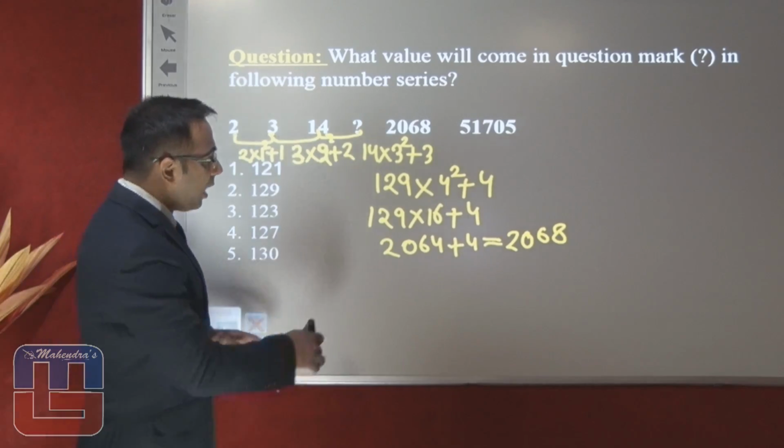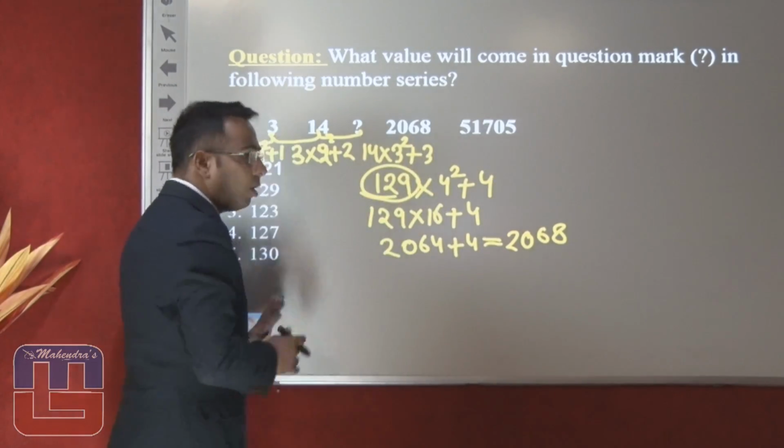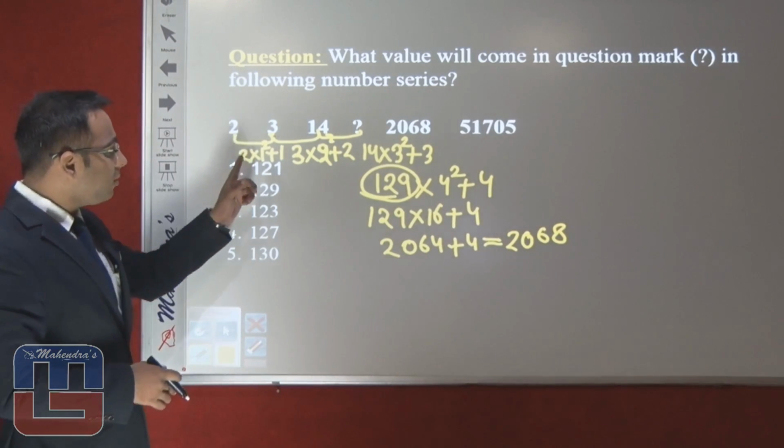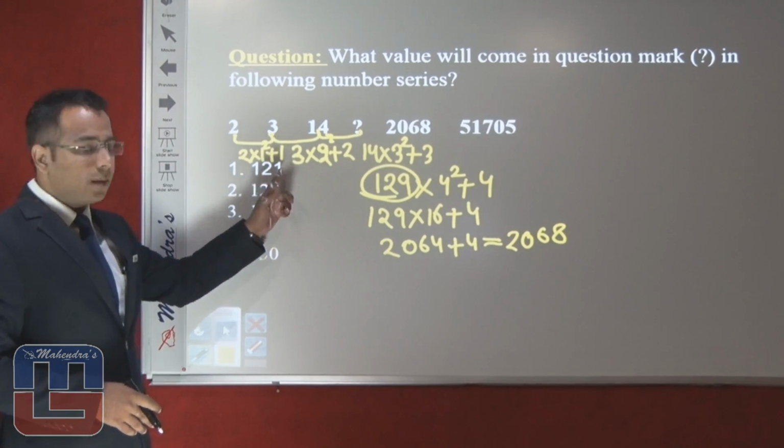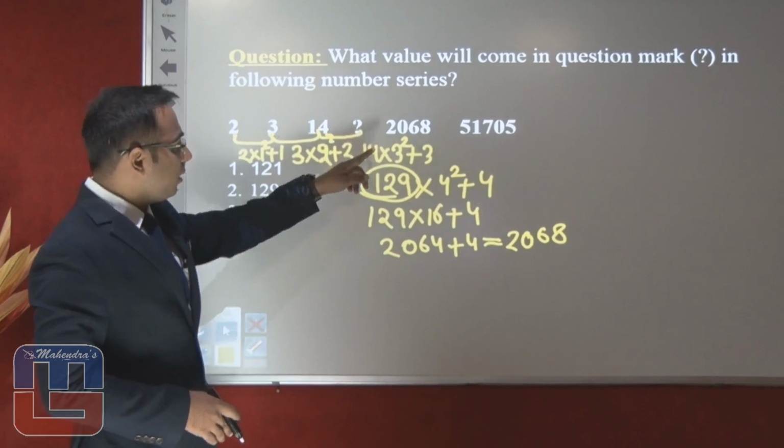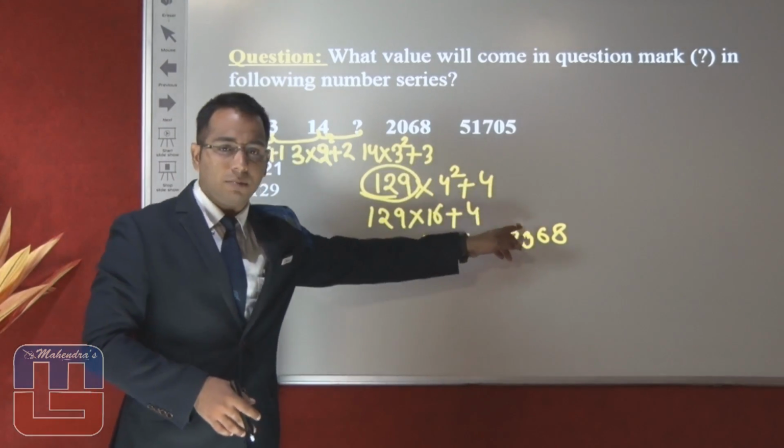So we are sure that the answer will be 129. What is the series going on? The series is number square plus number, number square plus number, number square plus number.